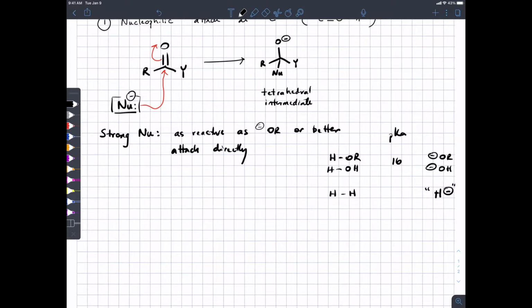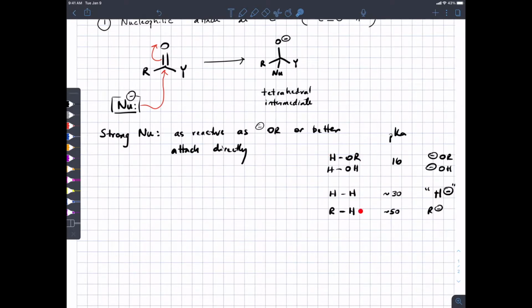I forget what the number there is. I think it's around 30. Or perhaps some negatively charged alkyl group. That pKa is around 50. So you can judge the strength of a nucleophile by remembering what you know about acidity.